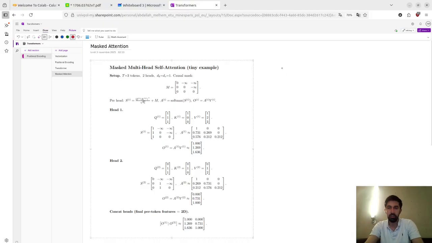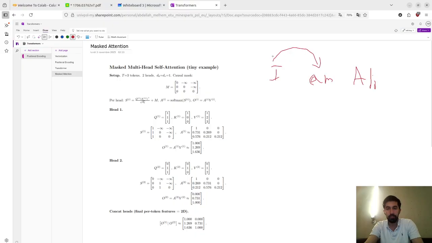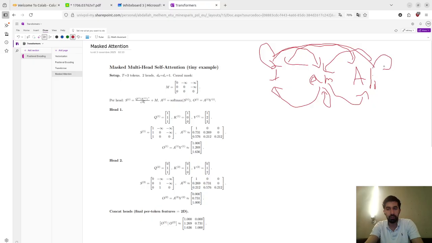You have an input sentence, I am Ali, for example. You're attending I to am, I to Ali, and I to itself. Also am to itself, and am to Ali, and Ali to I, Ali to am, and Ali to itself. And then getting your output matrix. So you're computing key, value and query and getting your output matrix.